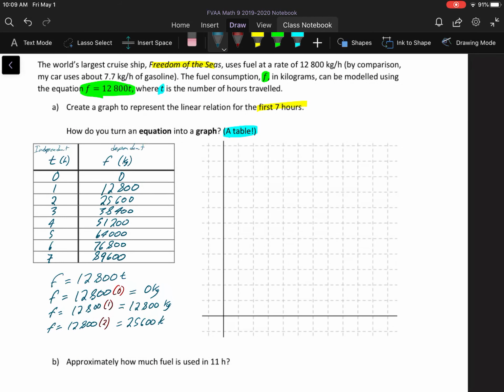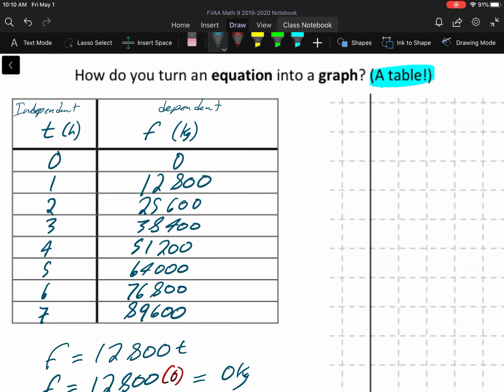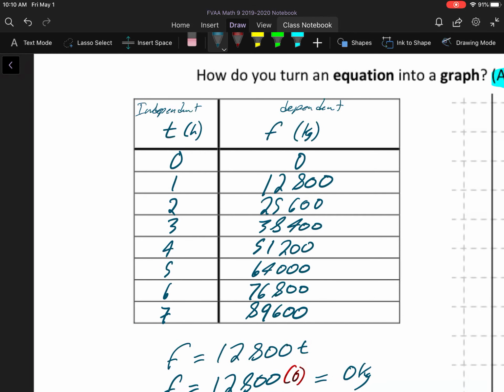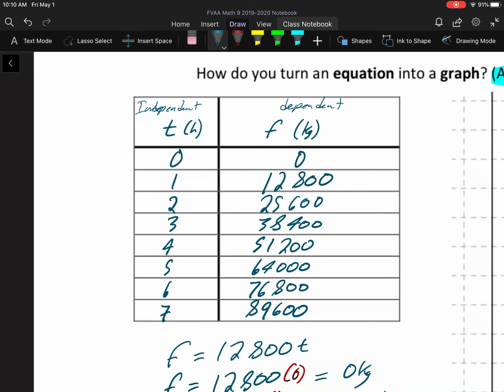Now we have our table of values. By doing our table of values, it gives us points to plug in on the graph. The coordinates from the table of values are the coordinates you're going to plug in. The first coordinate is going to be 0, 0. Remember, when you're plugging in coordinates, it's always x and y.